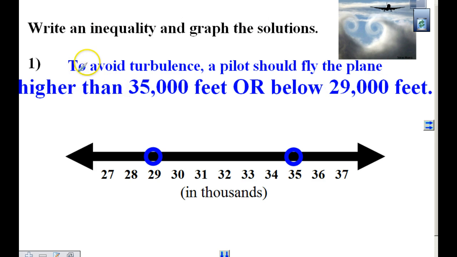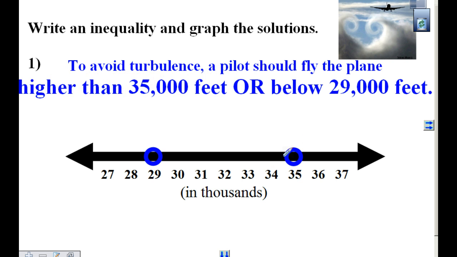Well, certain really rough turbulence happens roughly in the same elevations no matter where you fly, because that's where the high pressure and low pressure air come together and it's really violent. So that's what turbulence is, high pressure and low pressure air mixing up. So to avoid it, pilots fly higher than 35,000 feet.